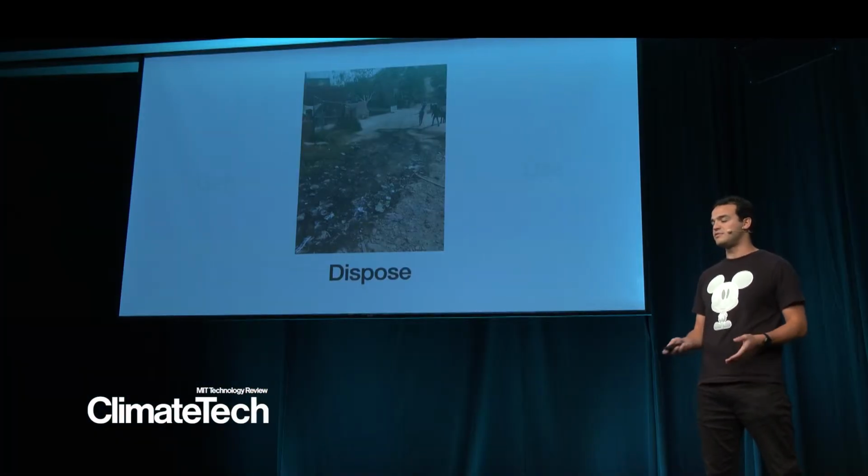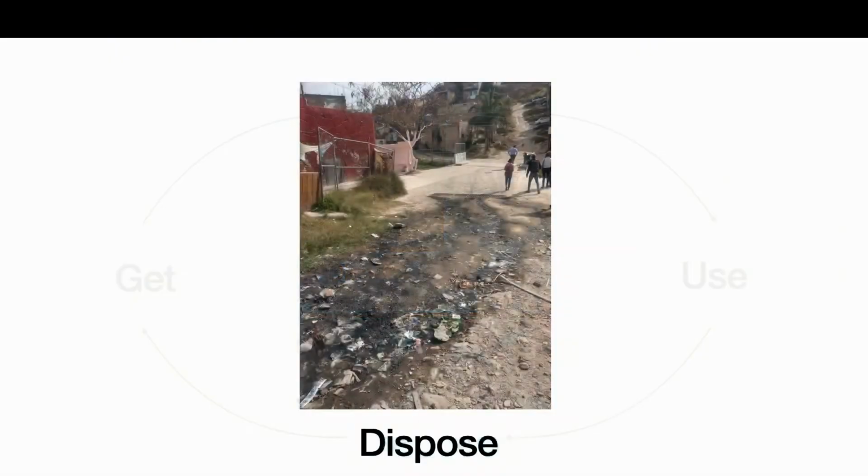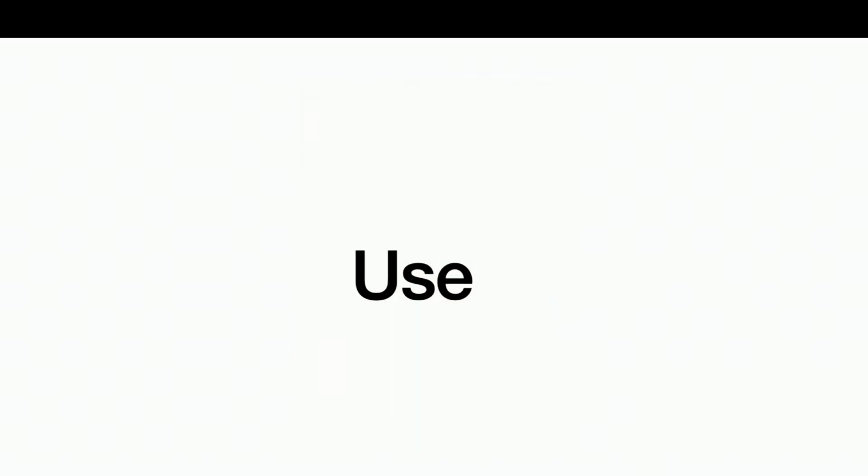Furthermore, they don't have a way of knowing how much they're using, so they tend to make it to the end of the month without water. Finally, they dispose of it in the streets because they don't have formal sanitation infrastructure. This leads to clear health risks to the community and environmental risks to the water around. So we decided to focus on use.